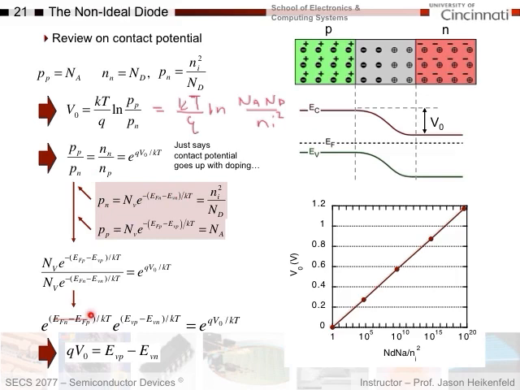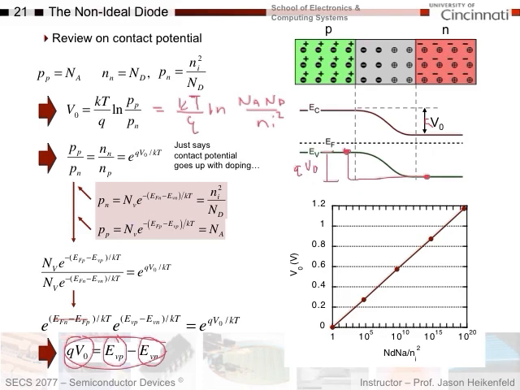We ended up with the contact potential being the energy on the valence side for the P minus the energy on the valence side for the N. So all we had shown with this was that the contact potential, qV naught, here and here, is equal to the energy of the valence band on the P side, this energy level right here, minus the energy of the valence band on the N side right here.